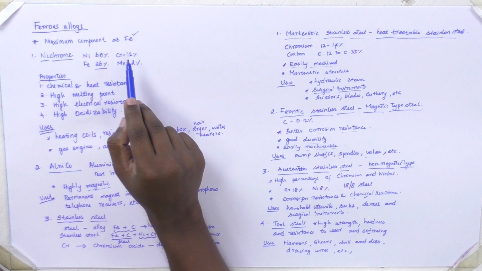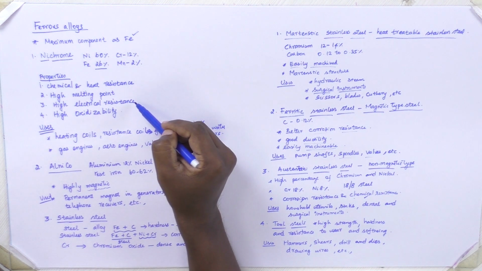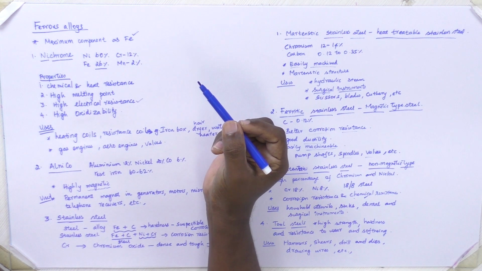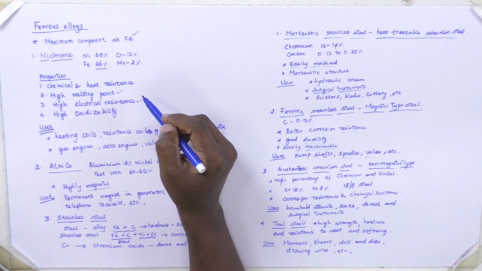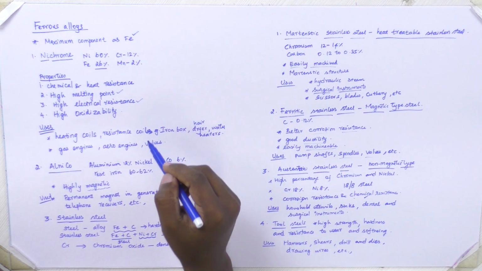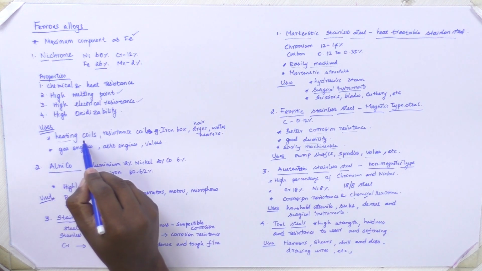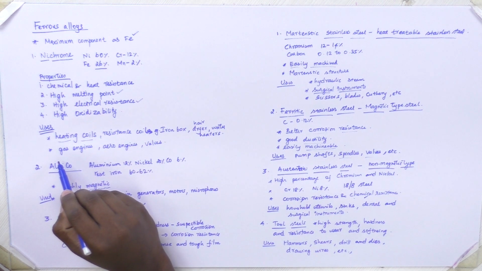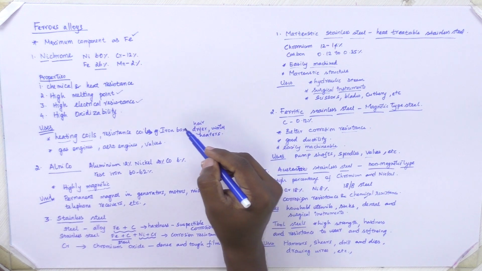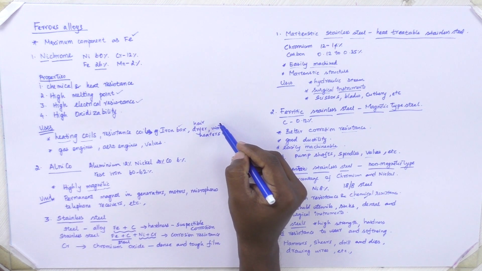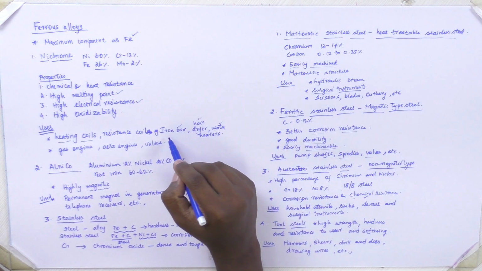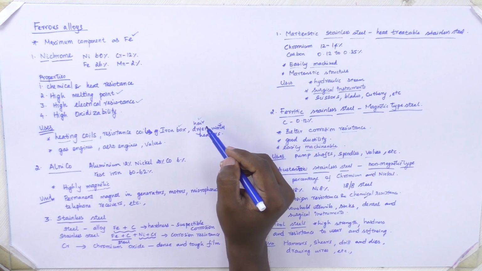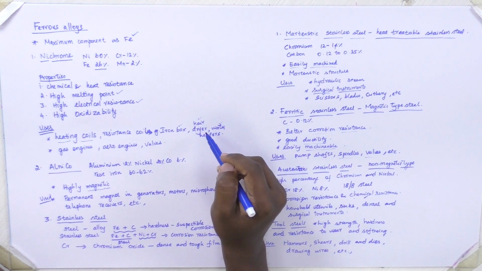Its main property is that it has a high electrical resistance and a high melting point, and because of this reason it is good in making heating coils, and the corresponding application is it can be used in iron box, in water heaters and in hair dryers, where we convert the electrical energy into heat energy for drying purpose or for heating purpose.